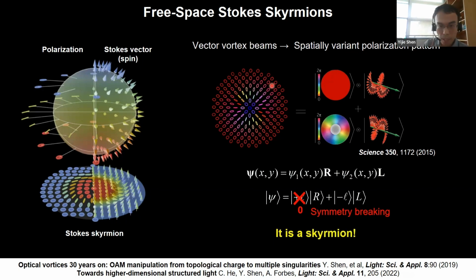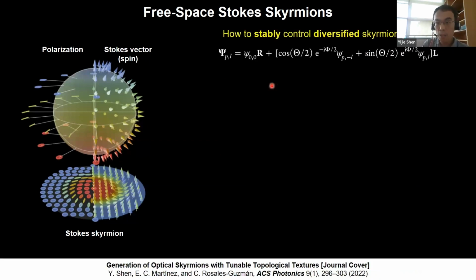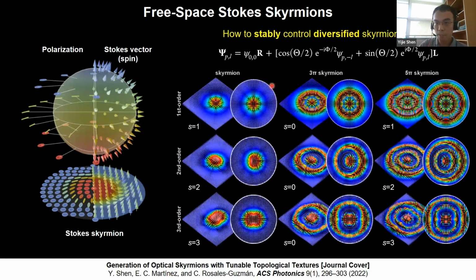Okay, skyrmions have diversified topological states. So in the next work, I will introduce high-dimensional structured light to replace the single vortex. Here I not only introduce the orbital angular momentum as the azimuthal index for controlling the mode, I also introduce the Laguerre-Gaussian mode with the P mode, the radial index, together with the intermodal phases.